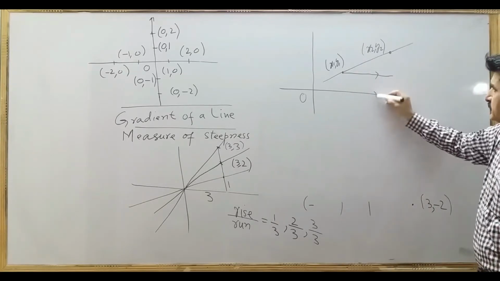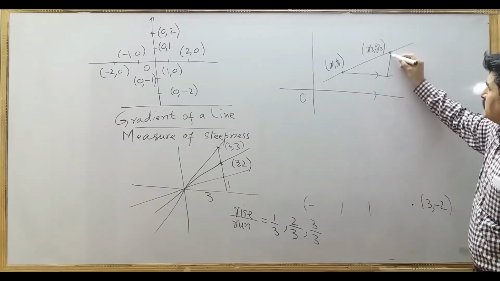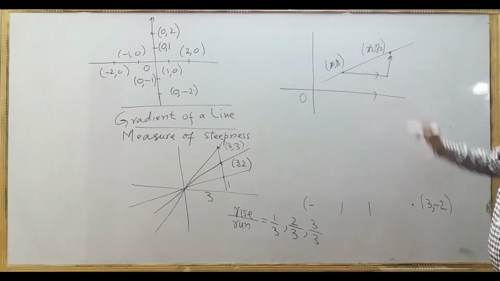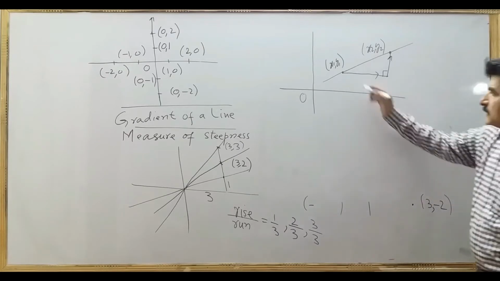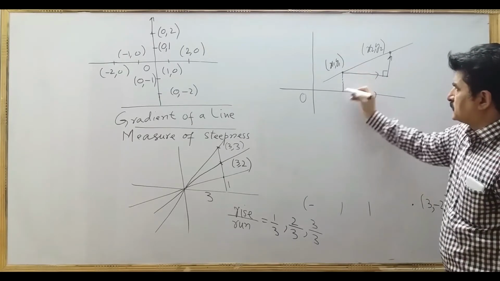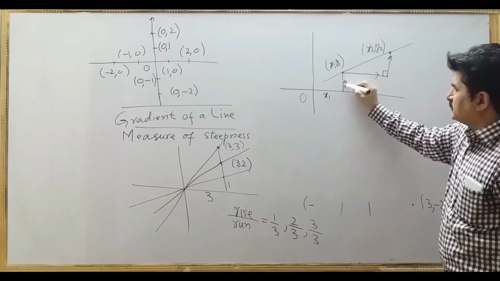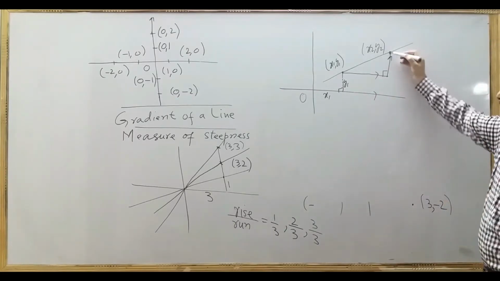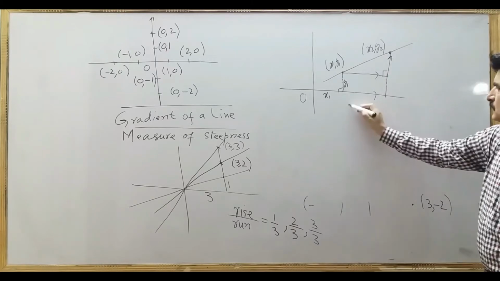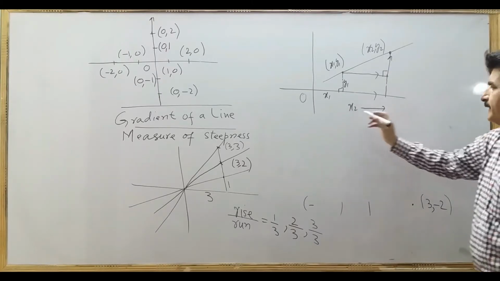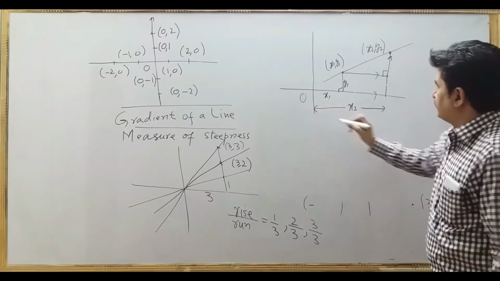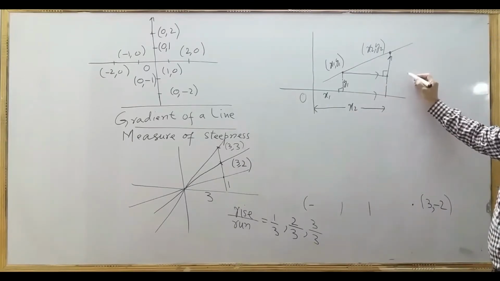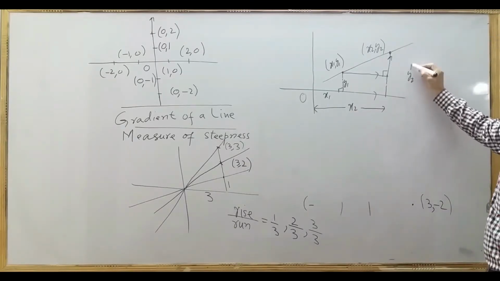This is parallel to x-axis and this line is parallel to y-axis. This is 90. Now this is (x1, y1) means this is x1, this is y1, this is 90. This is (x2, y2) means this whole length is x2 and this whole length is y2.